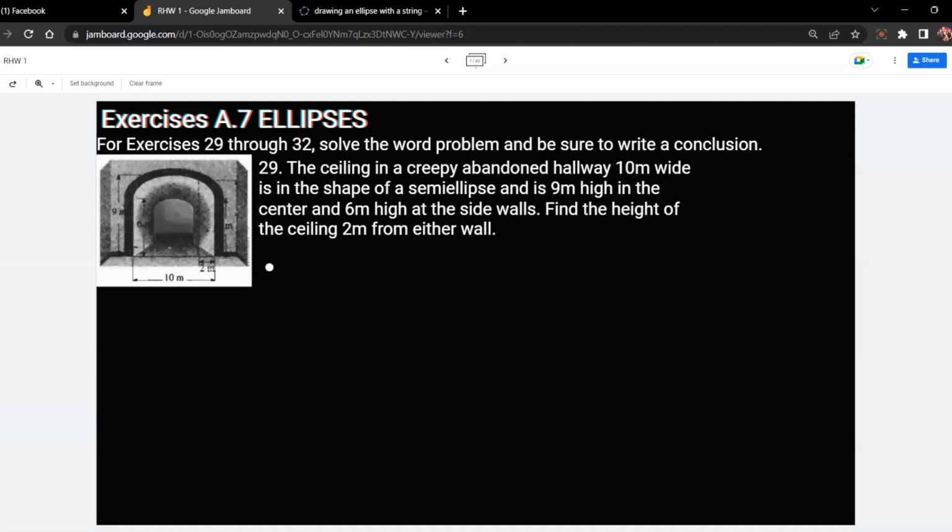So 9 meters, 6 meters ito. So this means yung x square over a square plus y square over b square. It's accurate. Okay. Over 3.